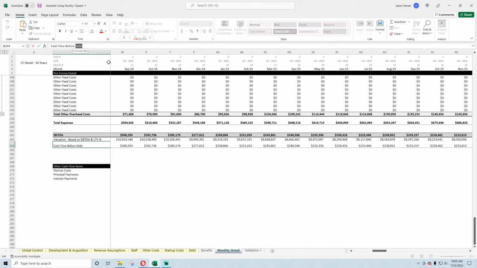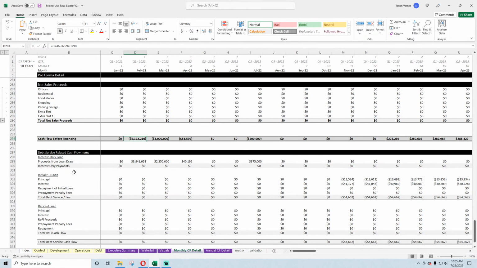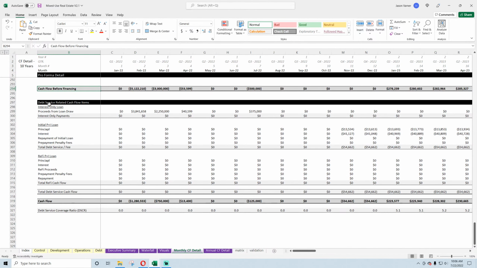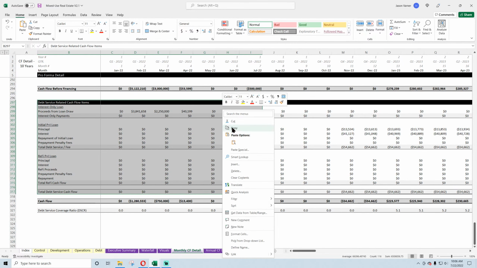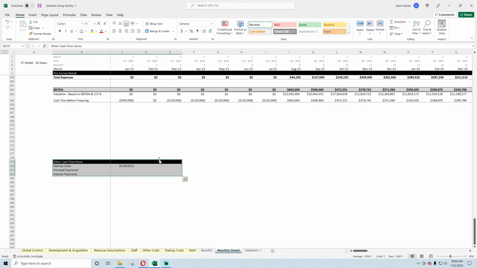We'll just call this before financing. And then we say, let's see, how did I set this up? Then we have all of this whole section we got to copy. This is again why it's nice to have logic that you can pull from other different things. Let's move this down.